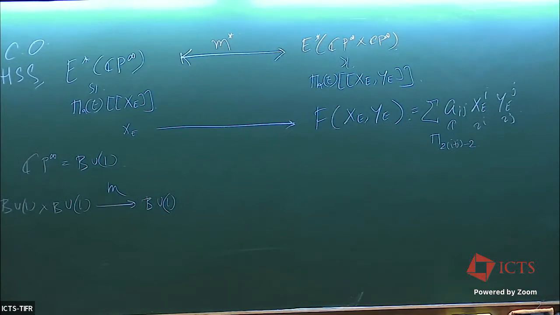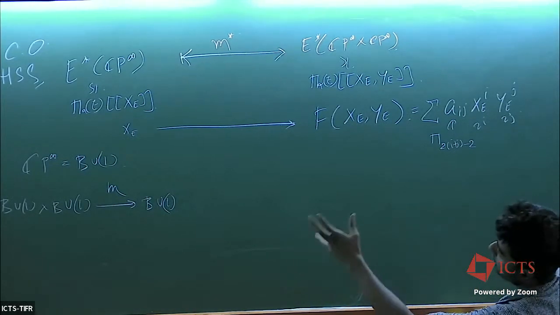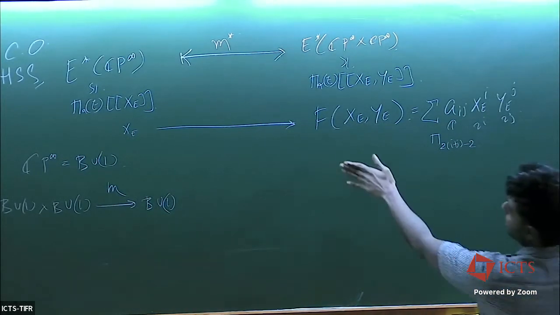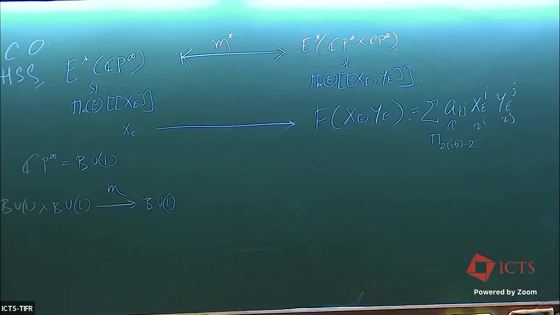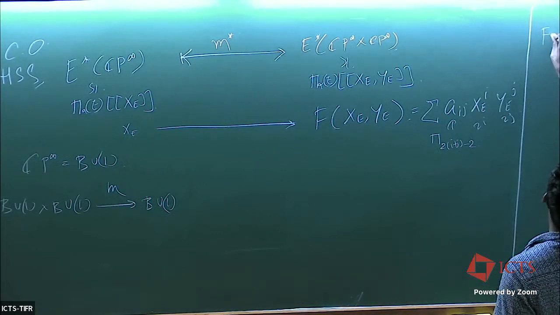Basically what we did is, if E is any complex oriented theory, we choose the orientation and then we get a power series like this for every E. But this power series is not some random power series, it satisfies certain properties. So let us see what those are.